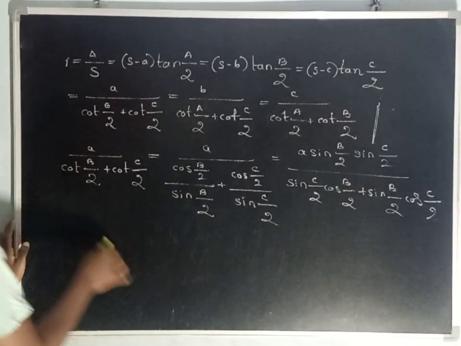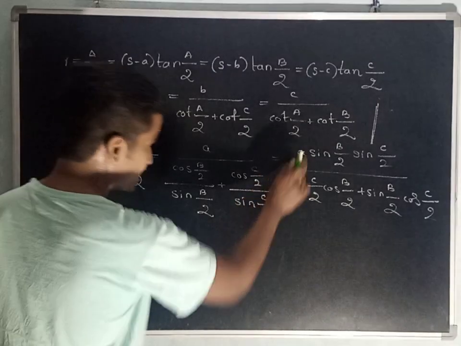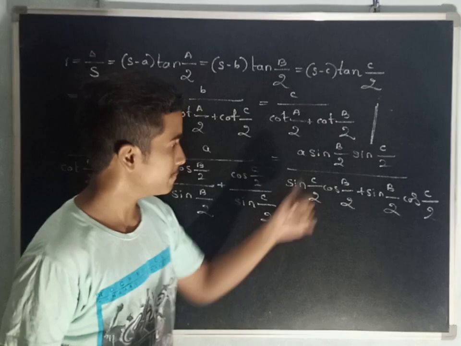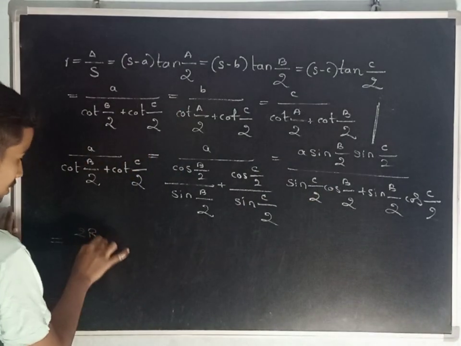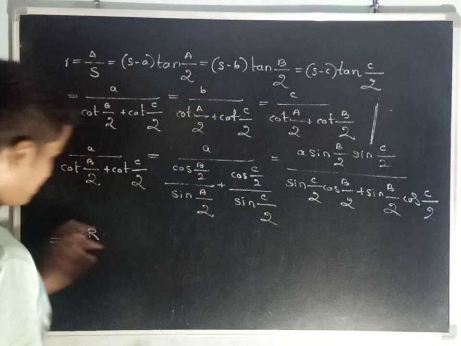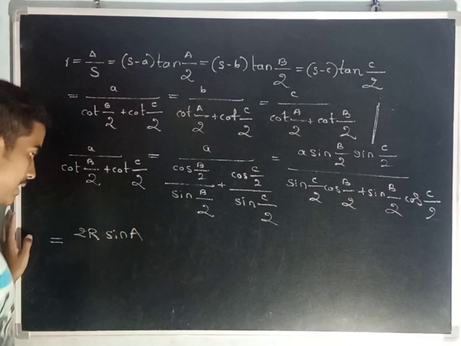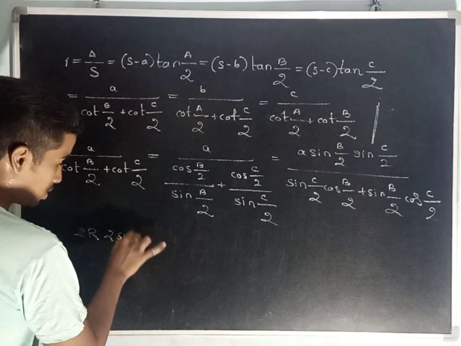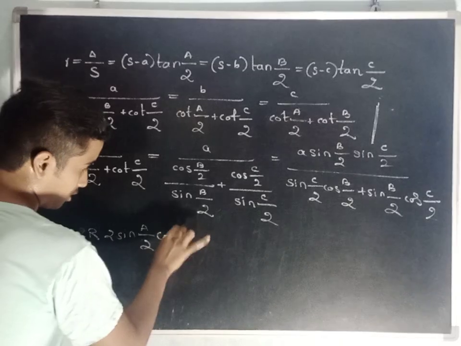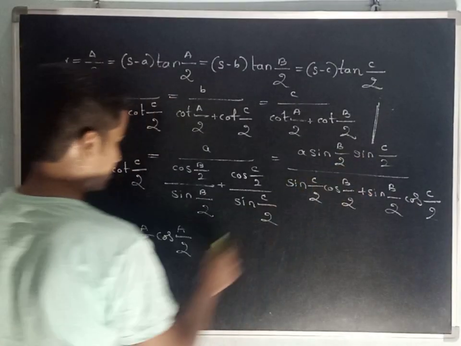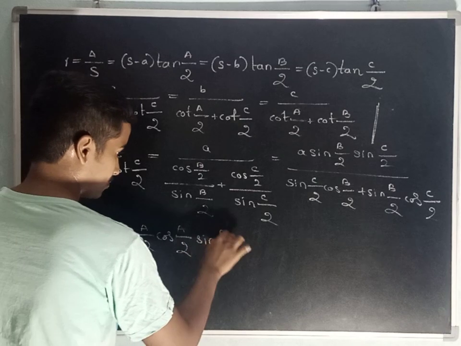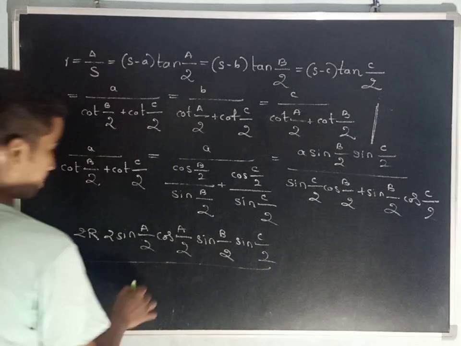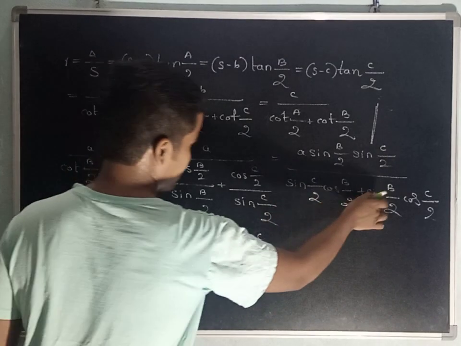On further simplifying, let me substitute a. We have already proved that a/sin A = 2R, so let me put a as 2R sin A. Instead of writing sin A, let me write it as 2 sin A/2 cos A/2, with the other terms sin B/2 sin C/2, divided by sin C/2 cos B/2 + sin B/2 cos C/2.